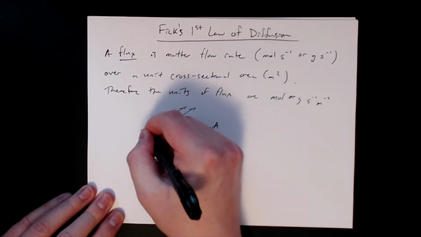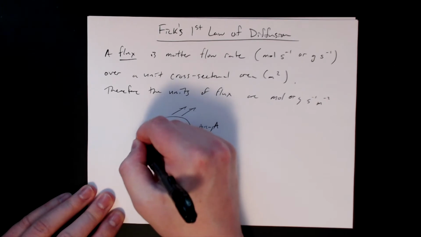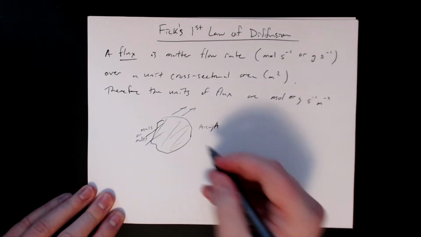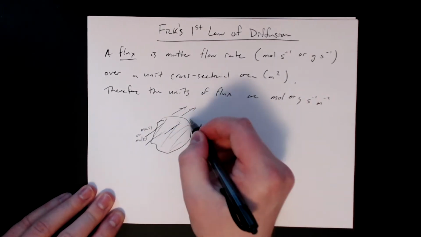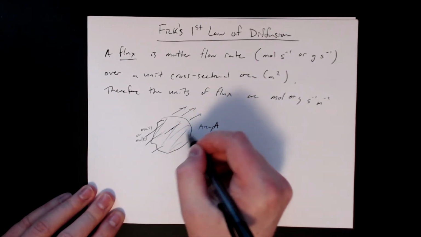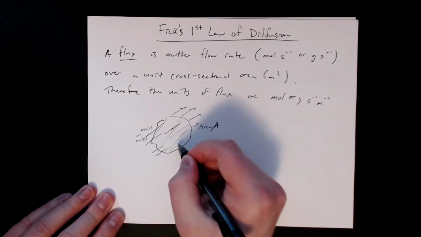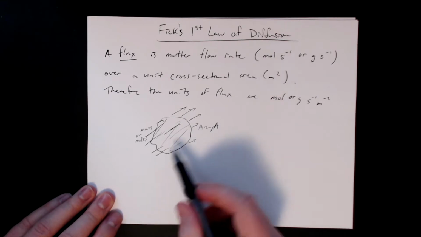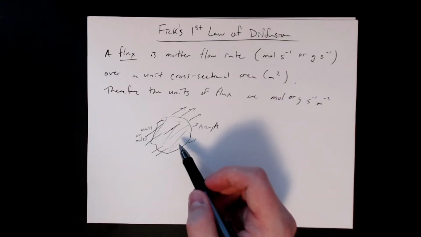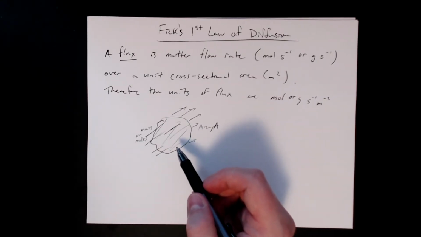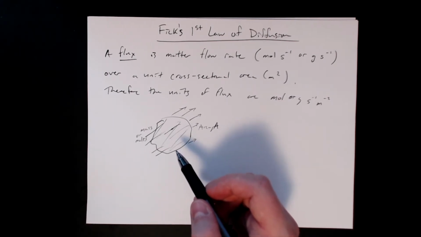So this is mass or moles going through that area. Right, so we're looking at how much goes through that area per unit time.